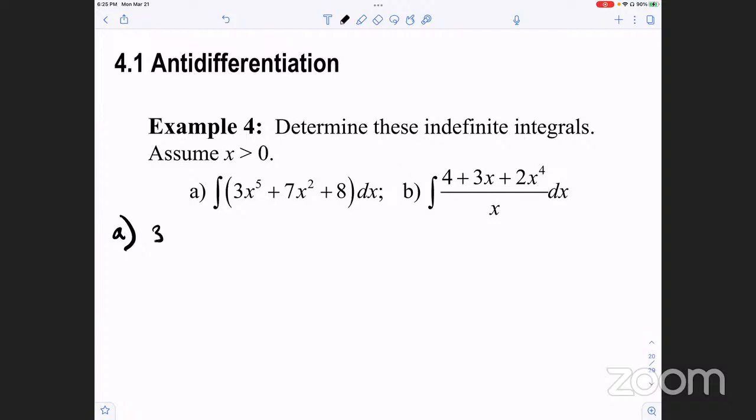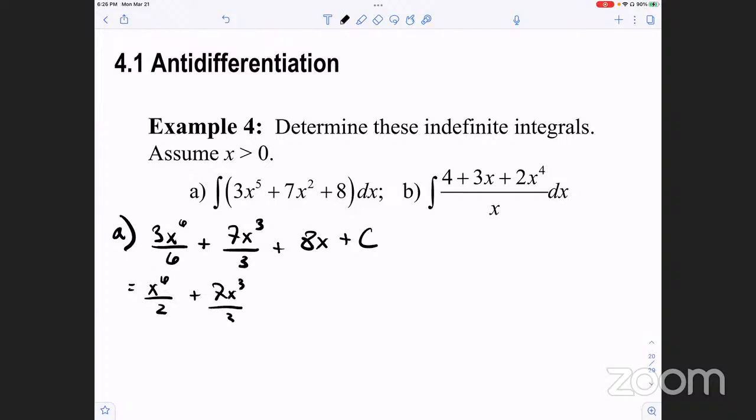So that's going to become 3x to the 6th over 6 plus 7x cubed over 3 plus 8x plus some constant. And then we simplify these. x to the 6 over 2 plus 7x cubed over 3 plus 8x plus c.